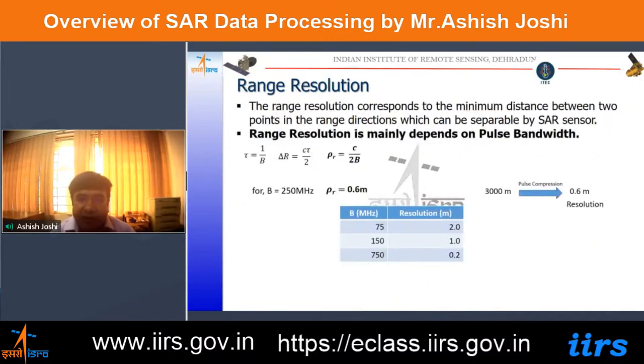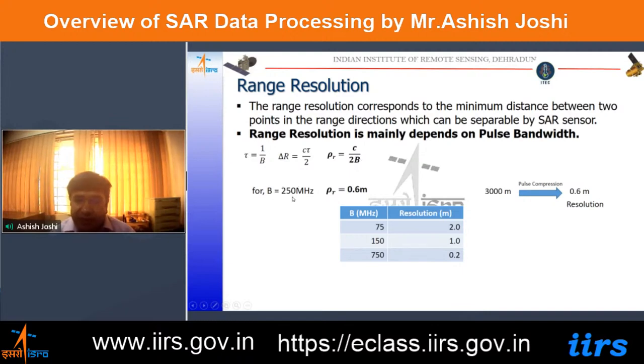So how do we get the better resolution? We have already seen that delta R is given by C tau by 2, or C by 2B, because tau is inversely proportional to the bandwidth. So the range resolution is given by C by 2B, where B is the bandwidth of the signal.